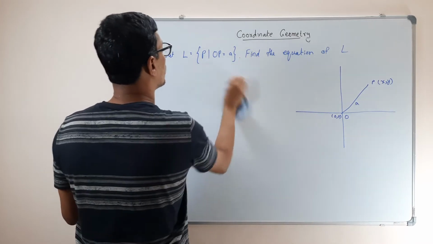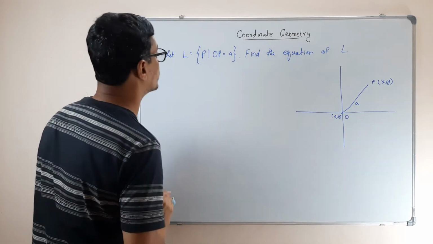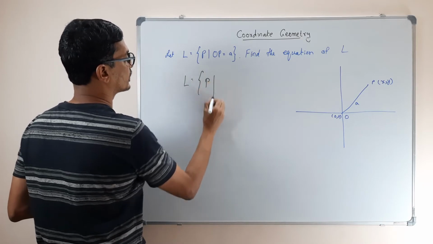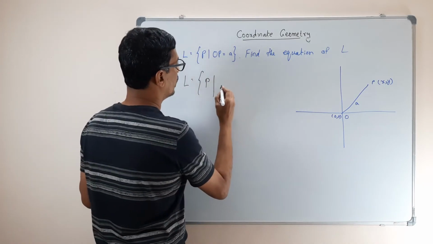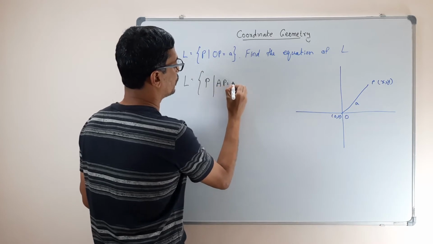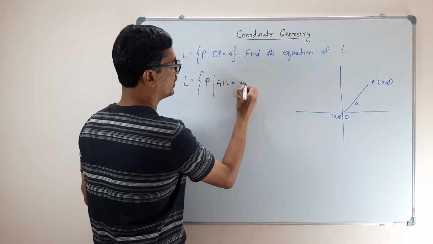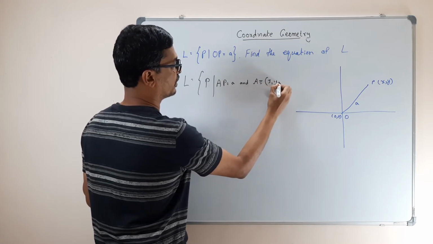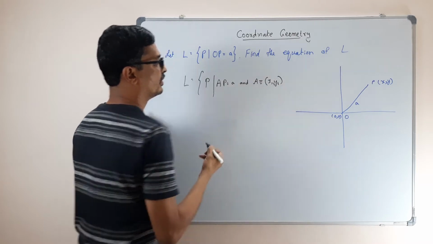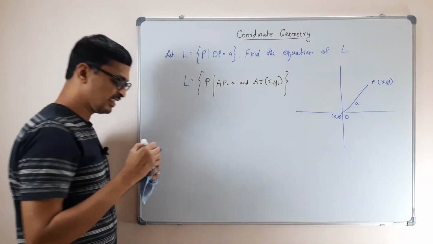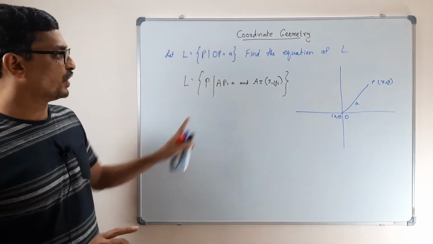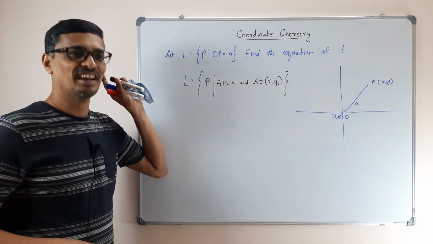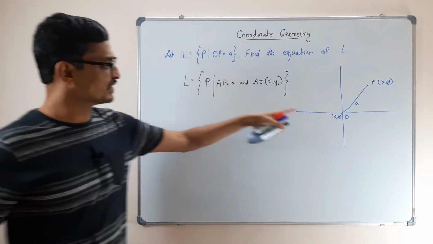Suppose a locus is given like this: P such that AP is equal to A, and A is the point x1 comma y1. What does it mean? It means you are drawing a circle around a point A. Am I right? Earlier we drew a circle around the point O.